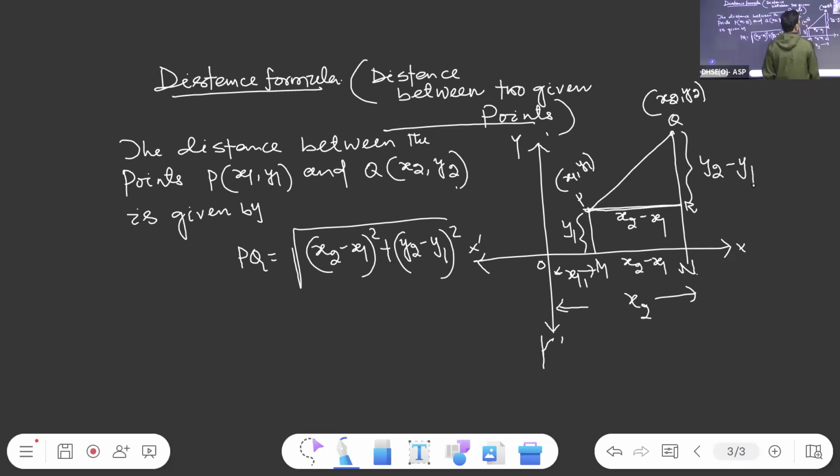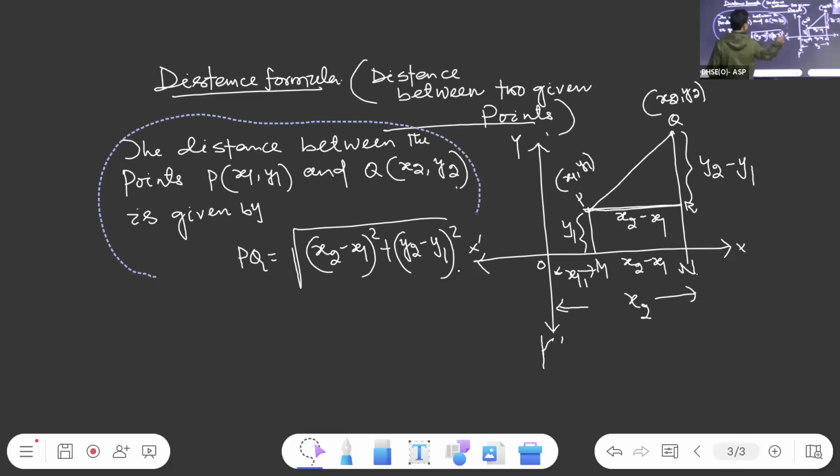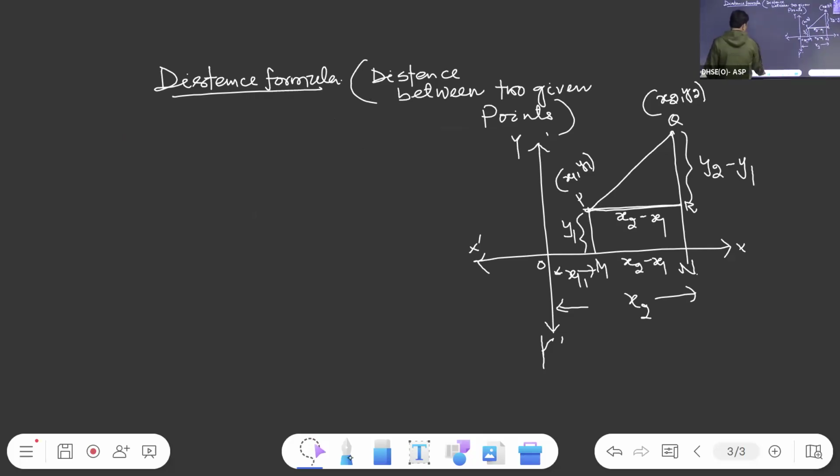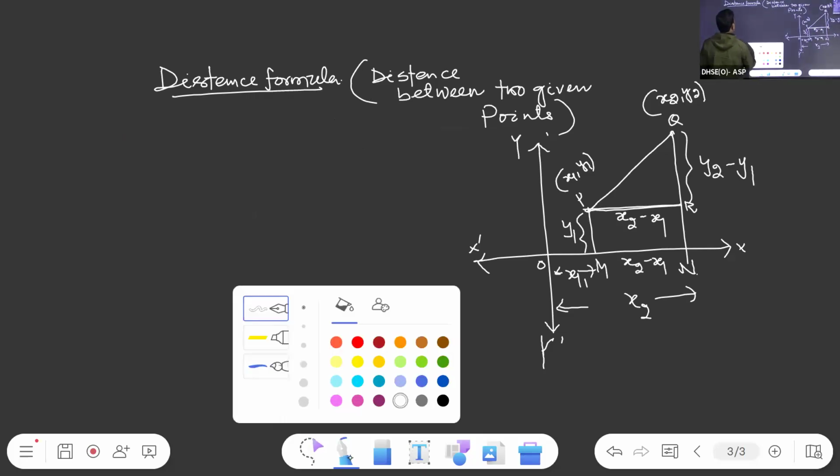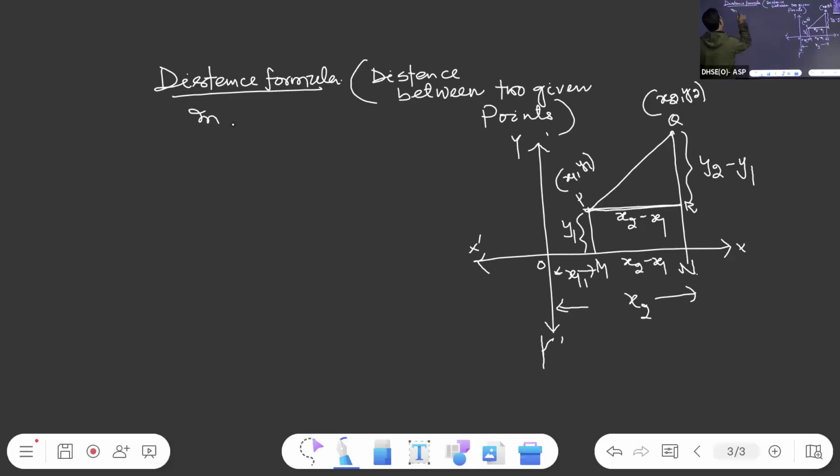So PQR is a right angle triangle, using Pythagoras theorem. In the triangle PQR, PQ square is equal to PR square plus QR square.